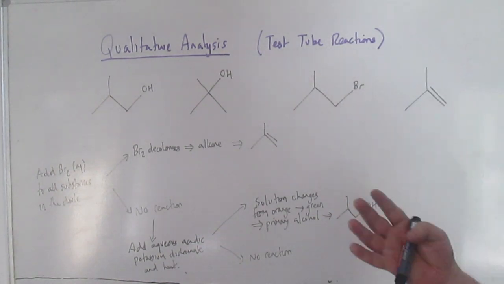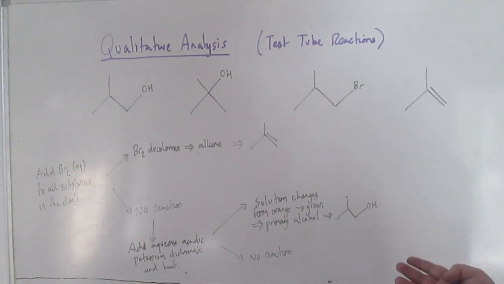And of course, because you've got silver nitrate mixed up with it, you're going to get a precipitate of silver bromide, just like we were talking about just a few minutes ago in the qualitative tests for halide ions. So that would be a good thing to do.